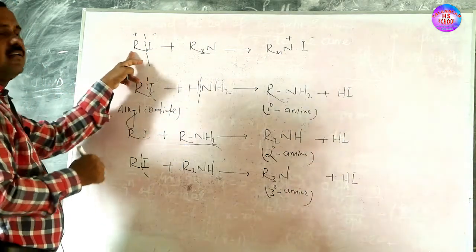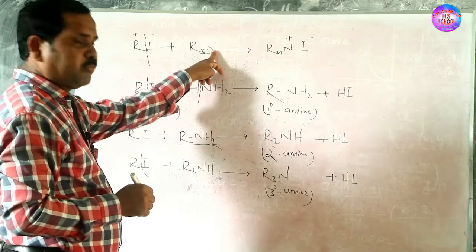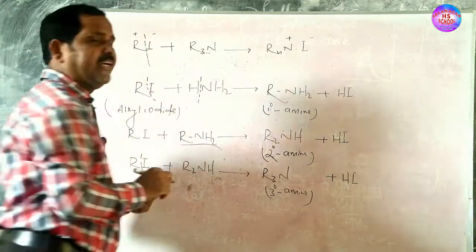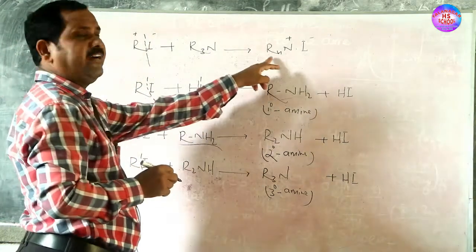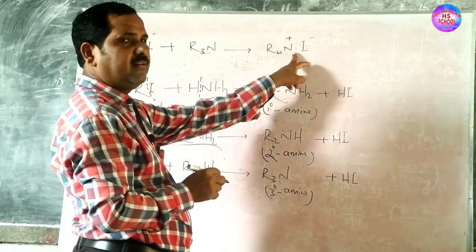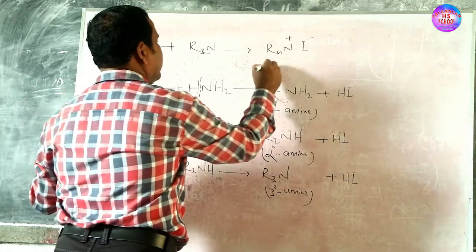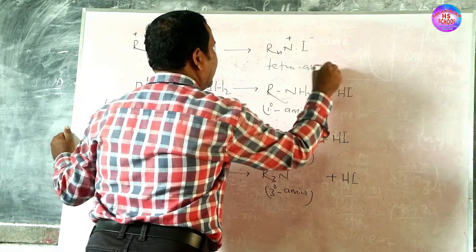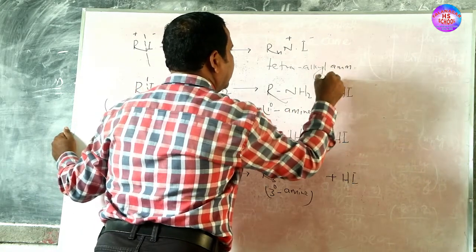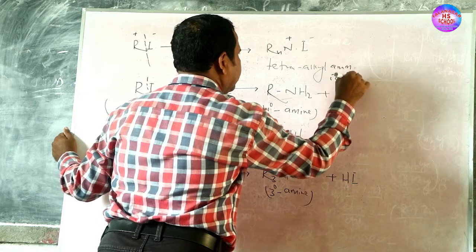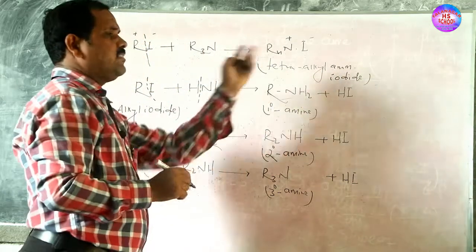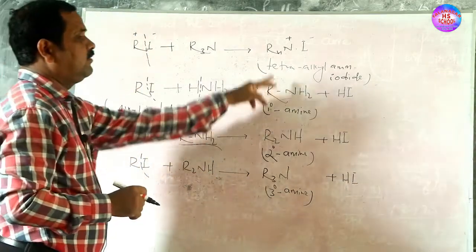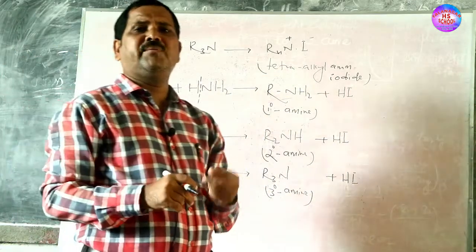R plus is attached to this nitrogen atom to produce R4N plus and I minus. It is a salt, tetraalkyl ammonium iodide. It is called a quaternary ammonium salt. So we get 4 compounds in the successive reactions.